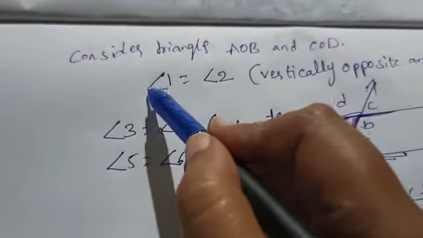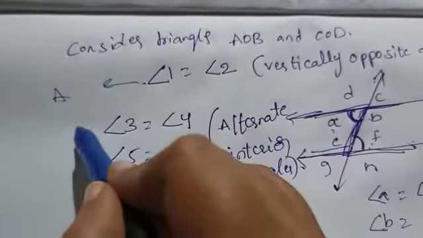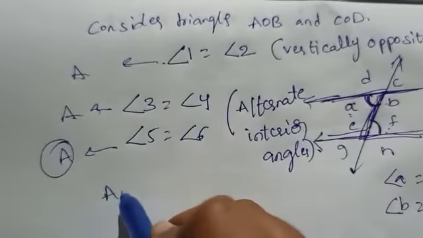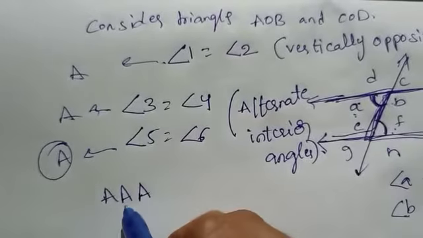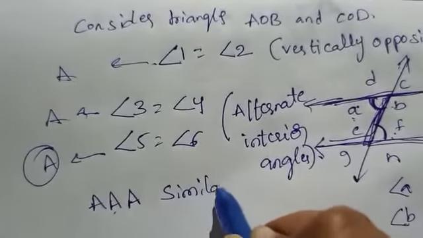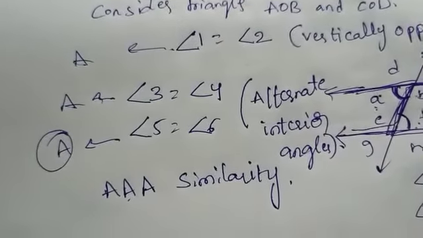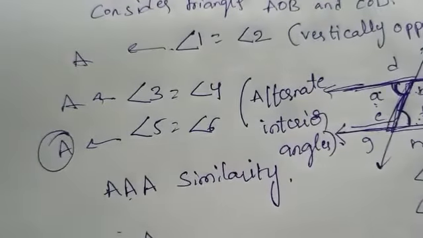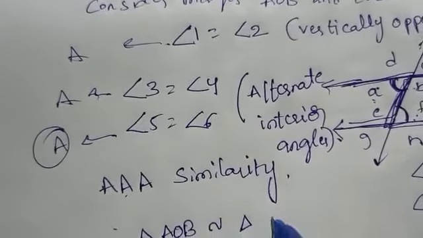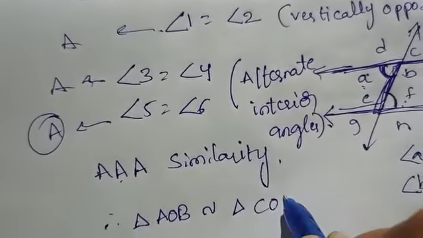See, this is angle, angle, angle. Here using angle-angle-angle similarity, triangle AOB is similar to triangle COD.